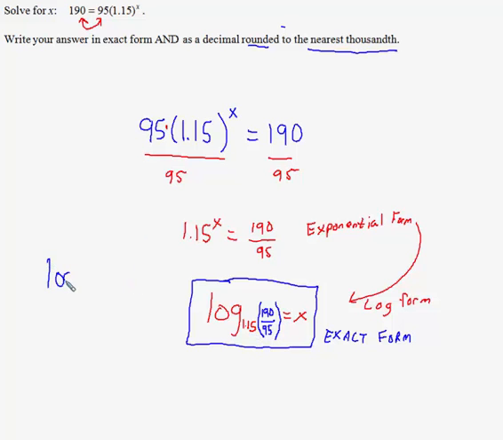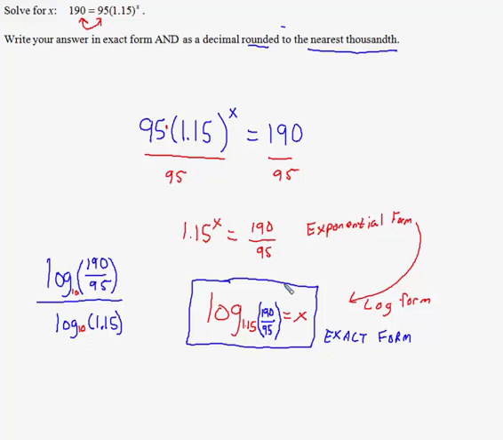I can change this from a base 1.15 problem to a base 10 problem by simply taking the log of this ugly fraction, 190 over 95, and dividing it by the log of 1.15. I need to type this in my calculator again because I didn't write the base. Make no mistake, I converted this from a base 1.15 problem to a base 10 problem. So even though I'm including this number, it's no longer occurring as a base. The base here is 10.